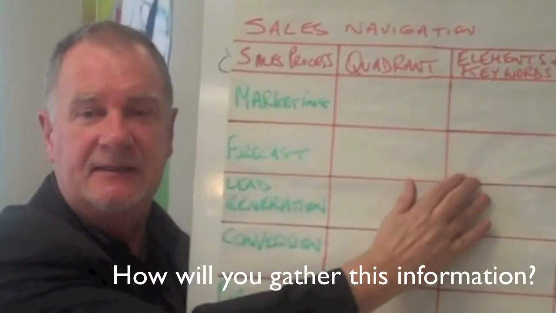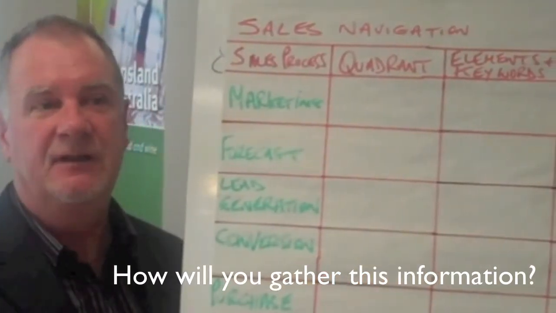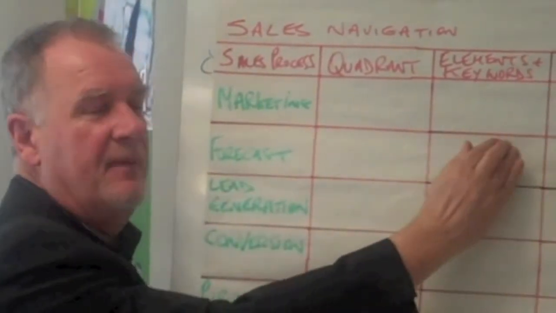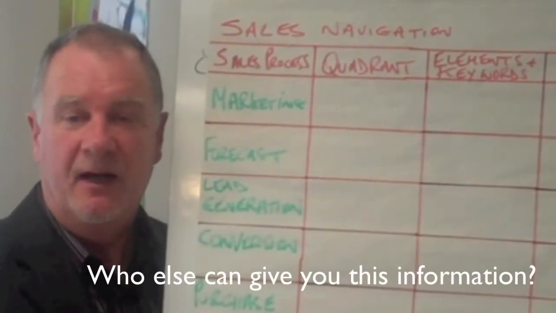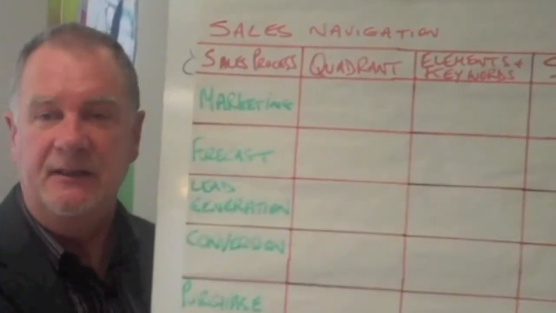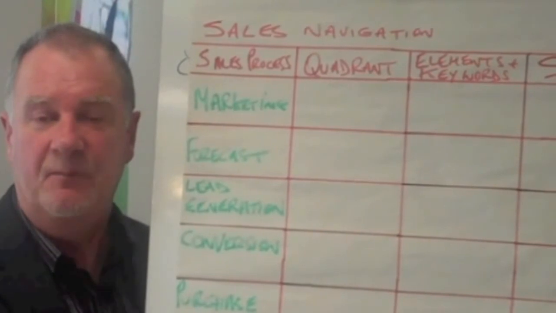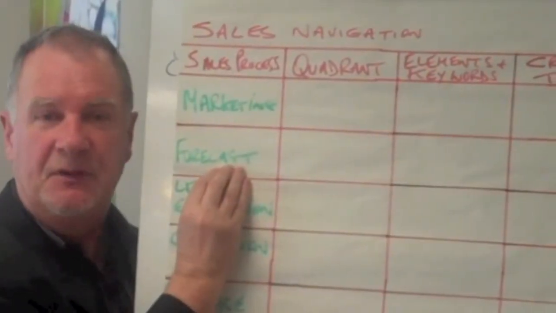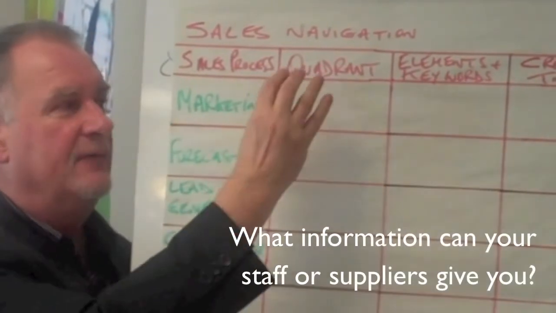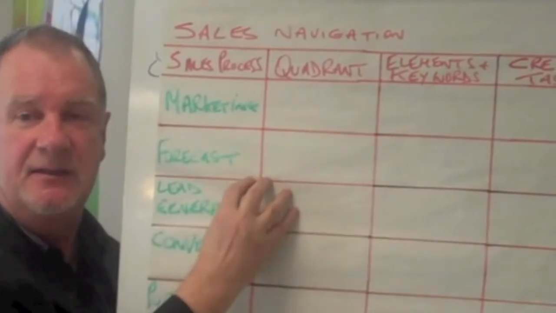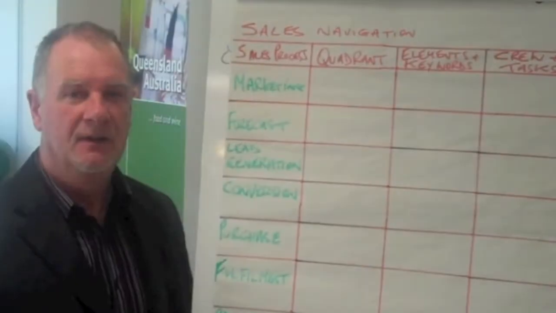What do I need in terms of the processes to actually produce the forecast? So I may want a sales report from my resellers. I may want a marketing spend from my distributor. So all of the keywords that are going to help me put together a forecast of how many of my prospects are going to be turning into customers.